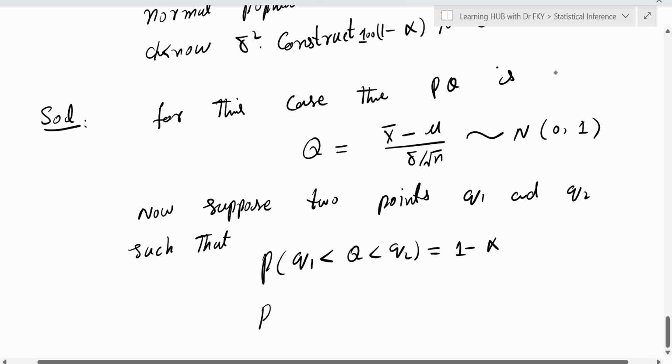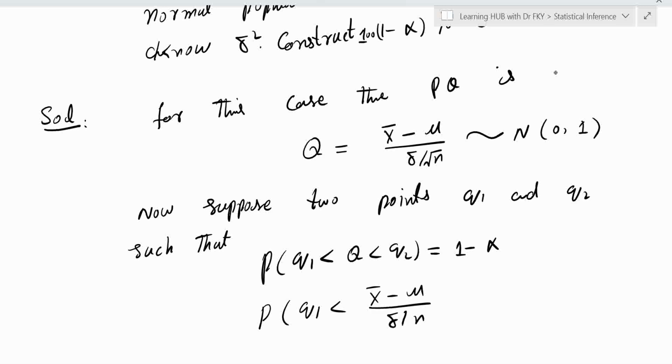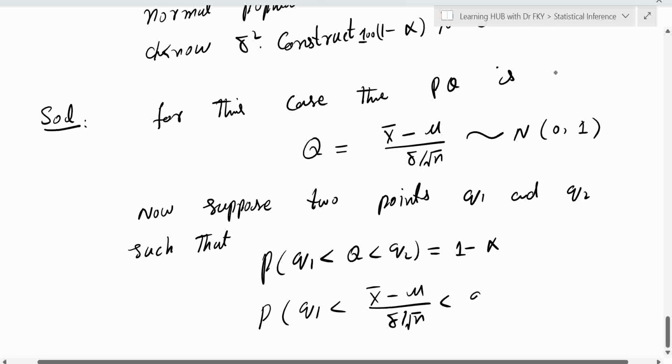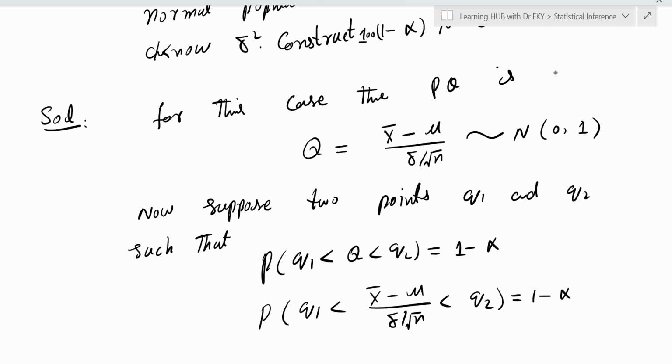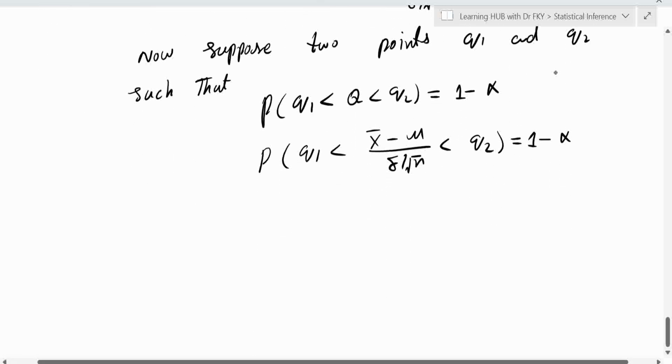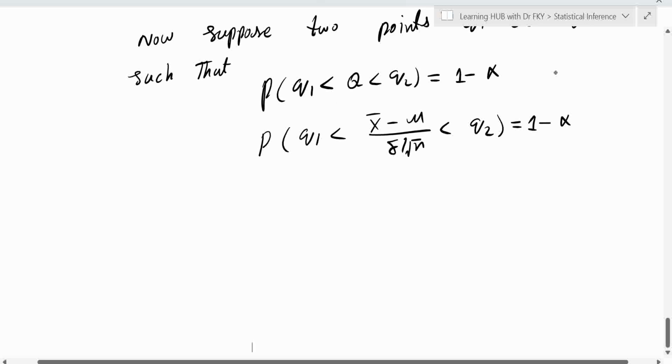These are the 2 limits for which this probability holds. The pivotal quantity is X bar minus mu divided by sigma over square root of n, so P(Q1 < (X bar minus mu) / (sigma / square root of n) < Q2) = 1 minus alpha. Now we can take the quantity inside the brackets to find the limits.